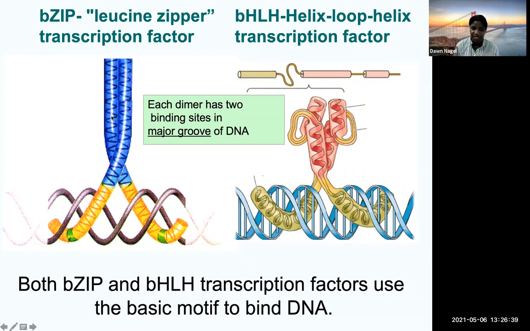Very similar to the BZIPs. And they also have a region that does not necessarily interact with the DNA. So the basic region is the one that's actually making contact with the DNA. And both of these are interacting with the major groove of your DNA, okay?